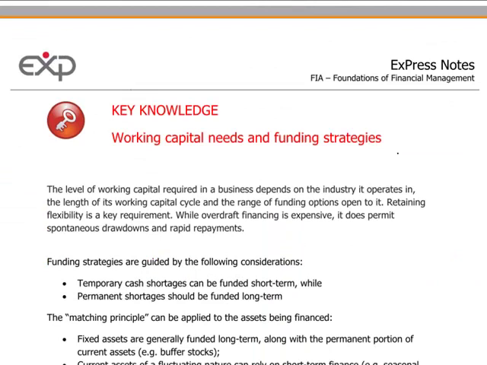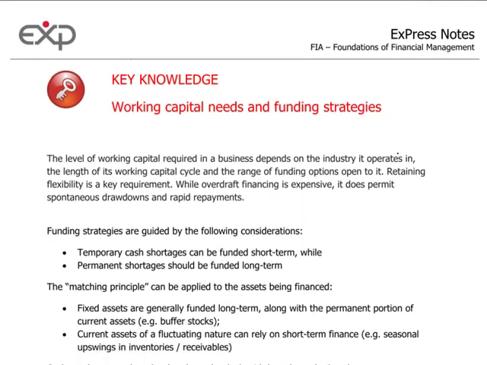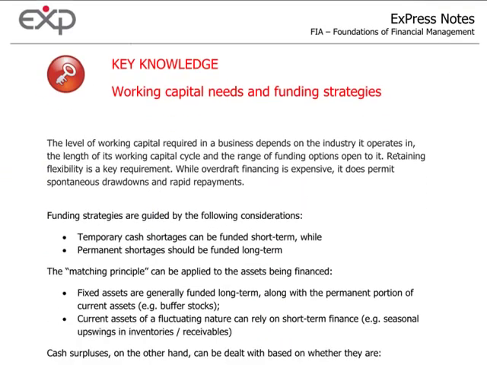Okay, let's move on to working capital needs and funding strategies, because again, decisions have to be made. This is more or less a summarization of what the company financial director, or CFO, has to think about in terms of handling, well, this is actually the cash manager's role, because it has short-term implications.